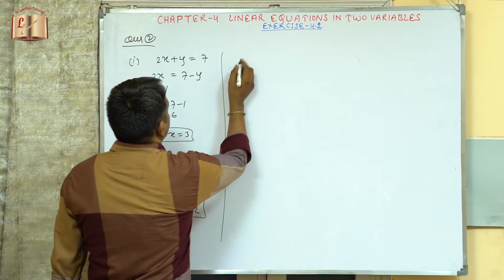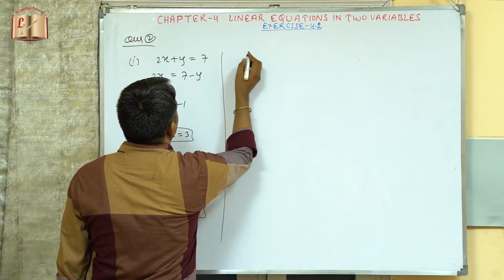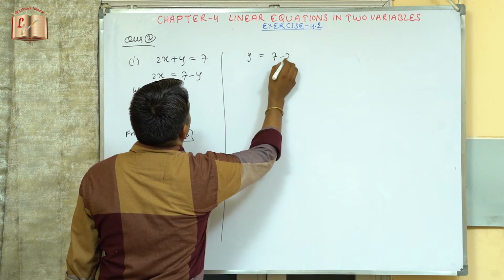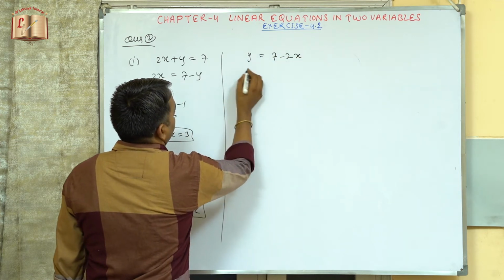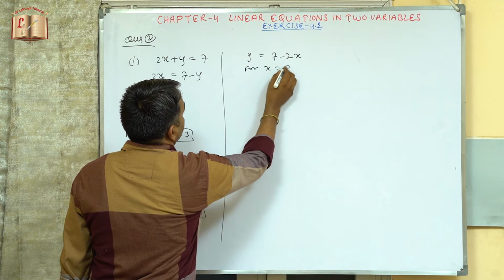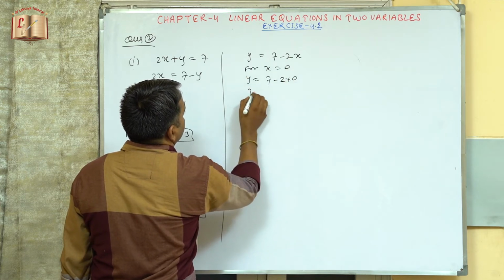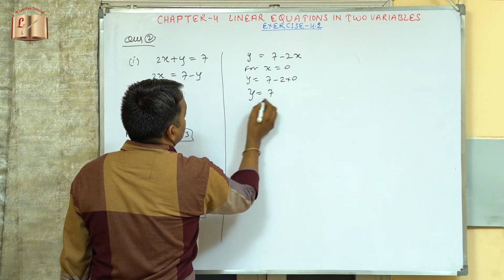Similarly, suppose now we want to find the value of y, so y will be equal to 7 minus 2x. For suppose x equals 0, y equals 7 minus 2 into 0, so y will be equal to 7.